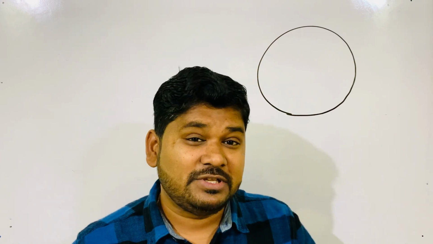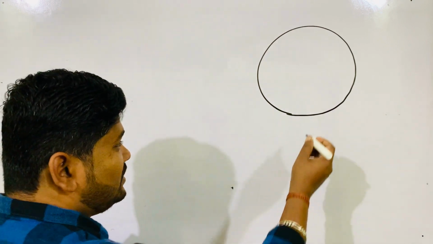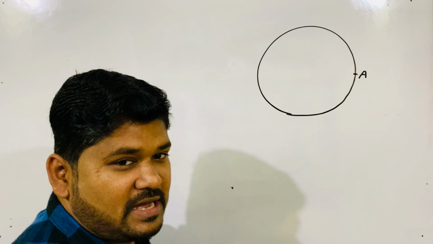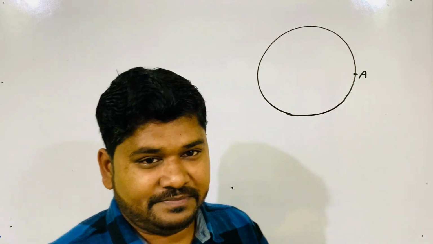When a body moves with constant speed in a circular path, that is called uniform circular motion. So one body of mass m is at point A initially.